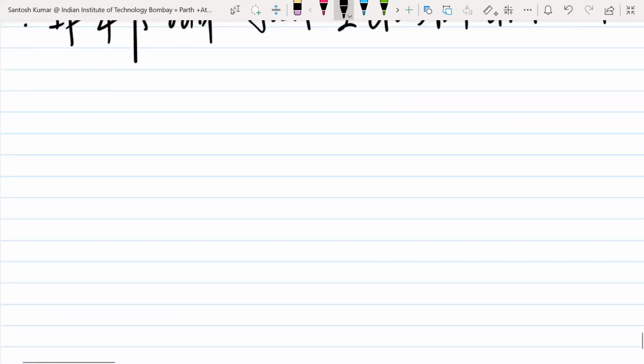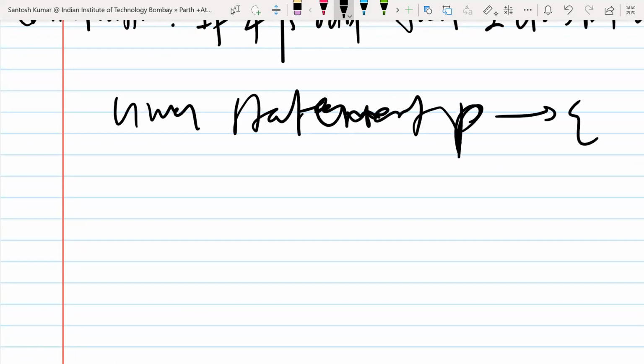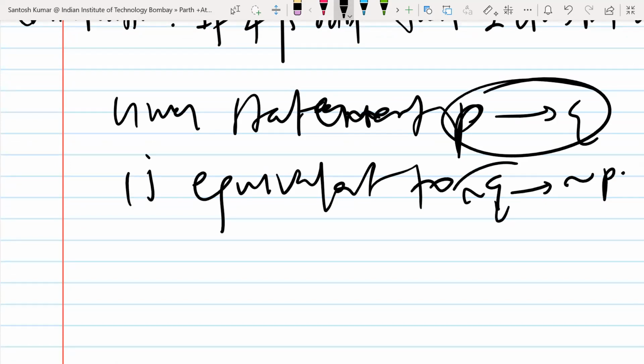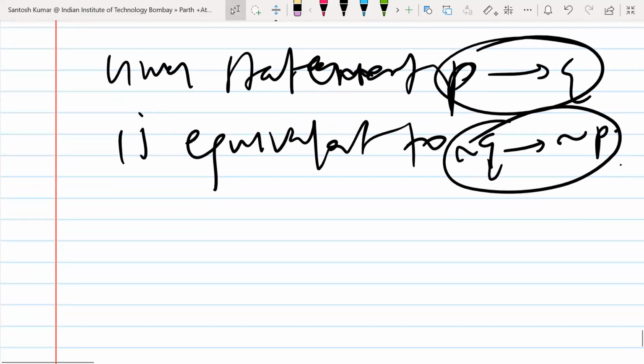So you can simply remember that the given statement P implies Q is equivalent to not Q implies not P. These two statements are equivalent.